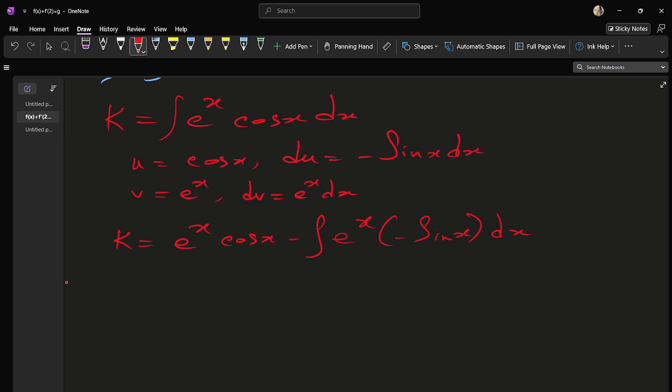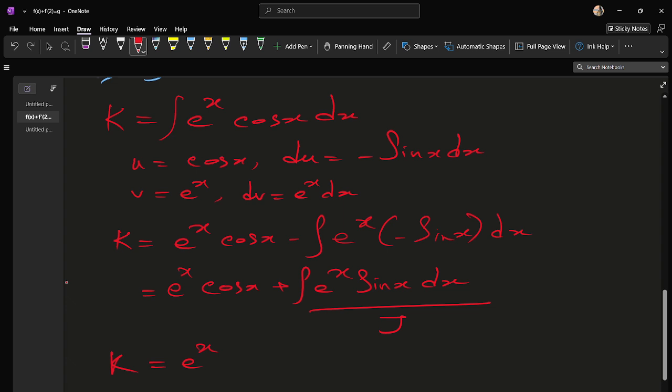Okay, then what will happen? Our minus will come outside, so we will get e to the power x cos x plus the integral of e to the power x sin x dx. This thing is my j, we know that. So we can write k equals e to the power x cos x plus j.